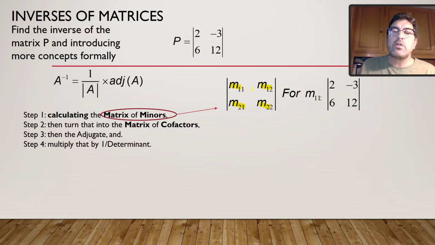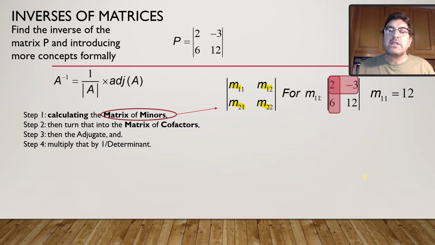If I want the first entry over here, then I need to cover that row and that column. I cover them totally and my matrix of minors in that position will have the number that's left, and that is the number 12. So the entry in the matrix of minors in the position M11 is 12.